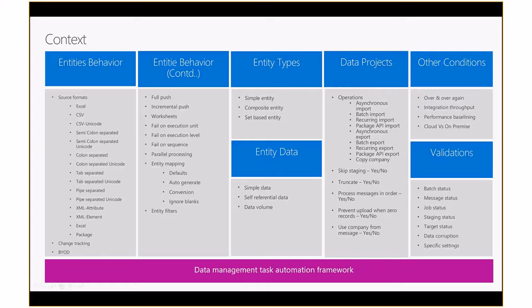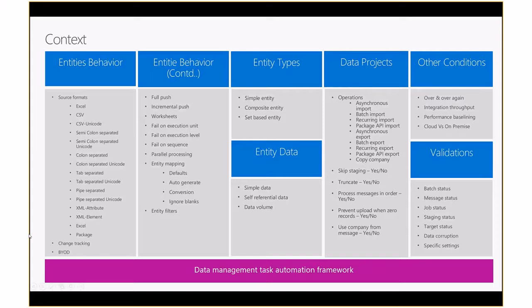And last but not the least, when I say specific settings, what we mean by that is based on what settings were done out of the 50 plus settings that are there on the slide. For example, if truncation was enabled, we need to make sure and validate that truncation actually worked, right? So that's what we mean by specific settings. Based on what was set up, the automation framework is aware of those settings, and it will go and validate by itself whether that setting took effect or not.